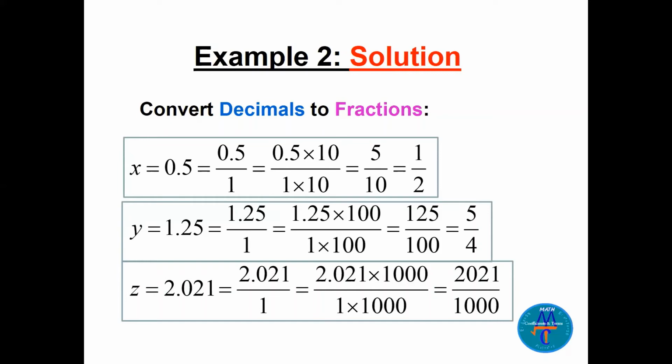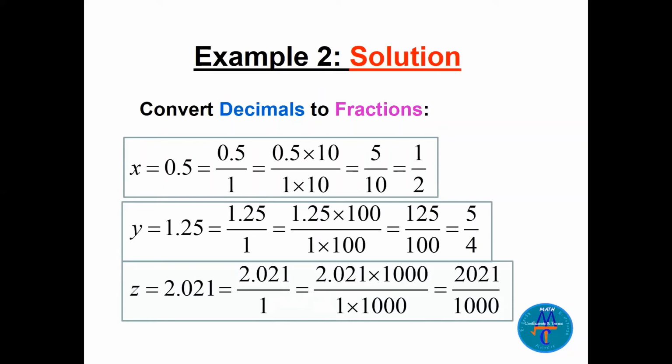Divide by 5, so you get half. That's so easy. You know it mentally that 0.5 is half. Now 1.25, a little harder. Also 1.25 over 1, because we have 2 digits after the decimal point. Multiply by 100 up and down. So 125 over 100.